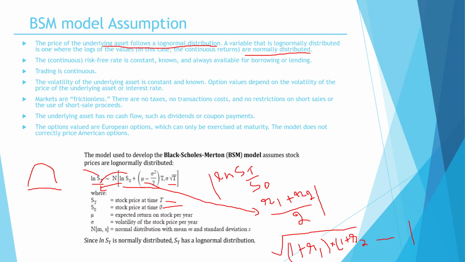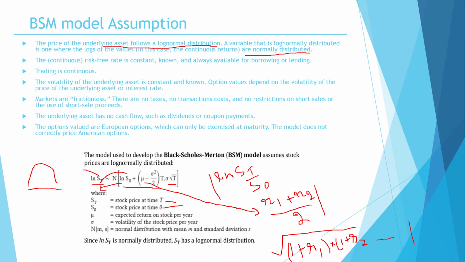Very important point. Now, if I move to the second assumption, it assumes that the risk-free rate is constant, known, and always available for borrowing and lending.